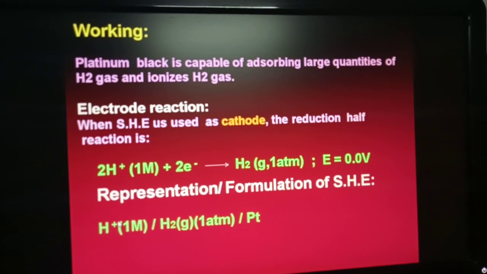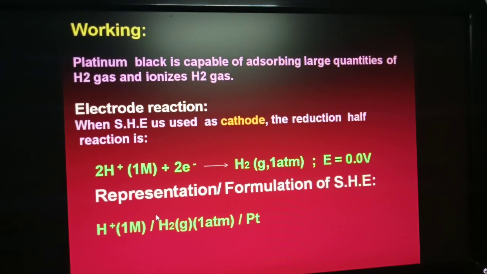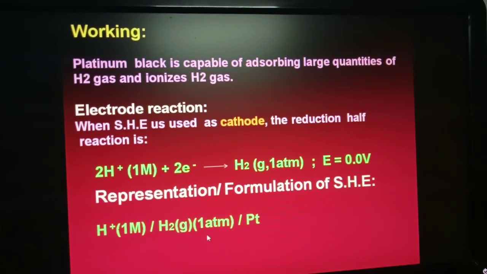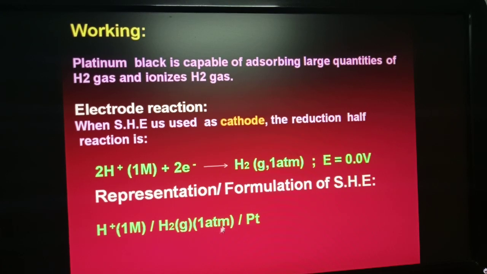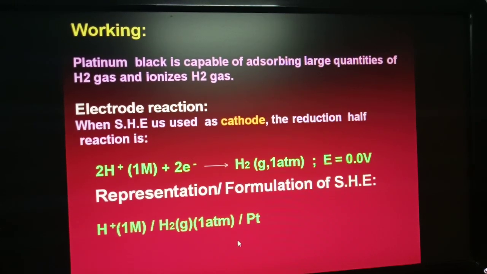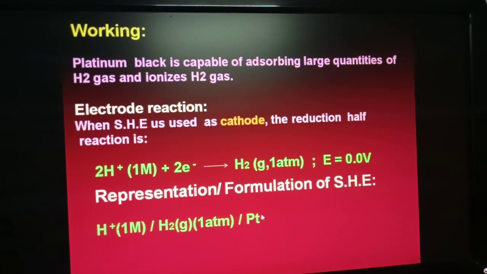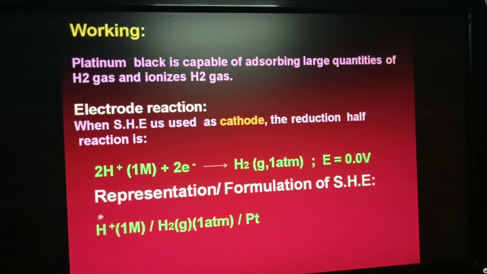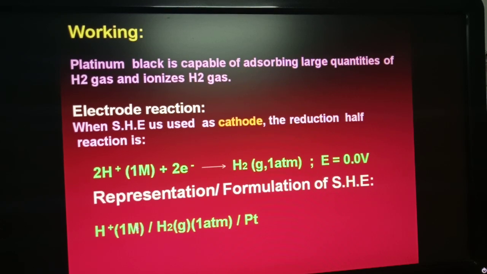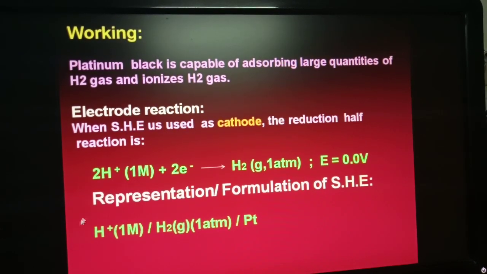So H+ of 1 molar is in direct contact with H2 gas whose pressure is 1 atmosphere, which is in direct contact with platinum. Platinum is always placed to the right, H2 gas in the center, and the ion or the electrolyte containing its own ion is placed to the left side of the cell formula.